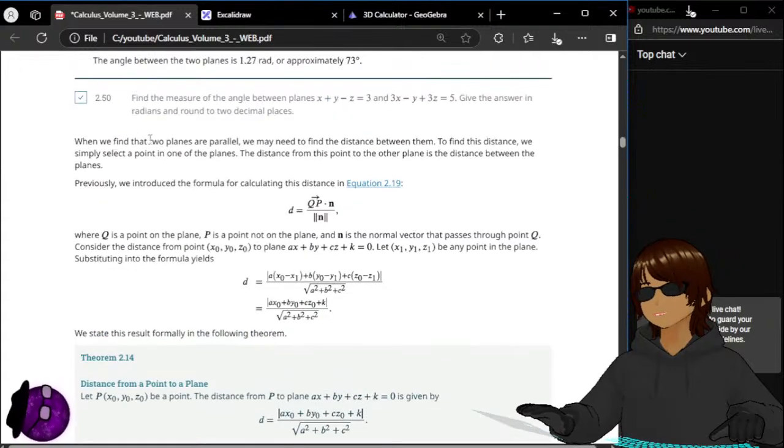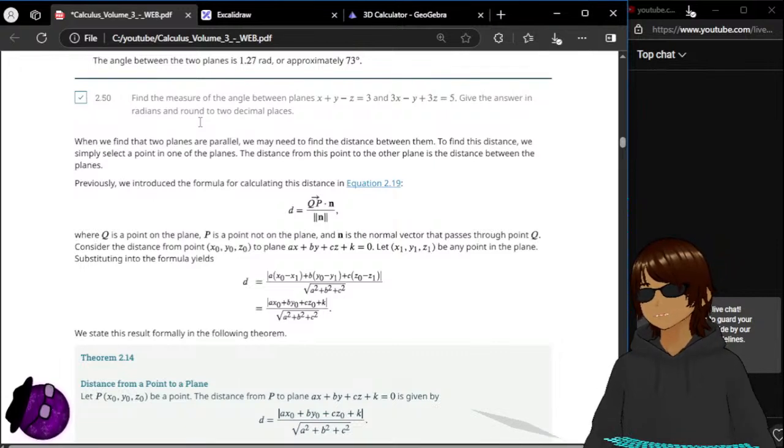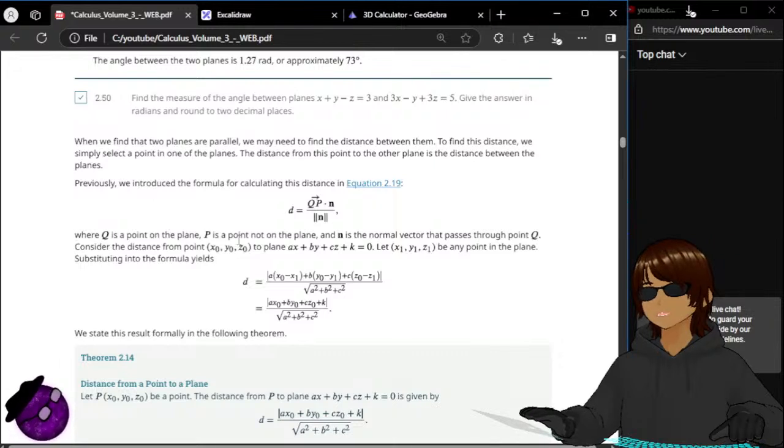When we find that two planes are parallel, we may need to find the distance between them. To find this distance, we simply select a point in one of the planes. The distance from this point to the other plane is the distance between the planes. Previously, we introduced the formula for calculating the distance in equation 2.19, where q is a point on the plane, p is a point not on the plane, and n is a normal vector that passes through point q.